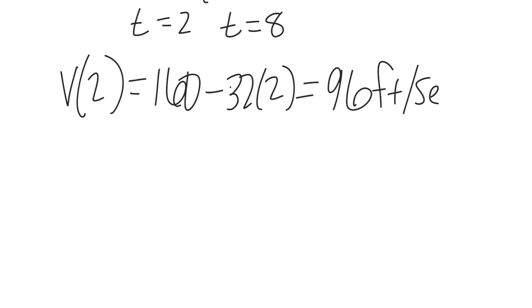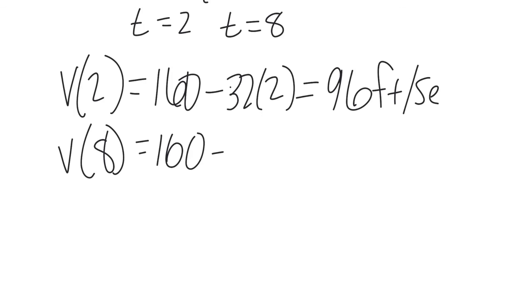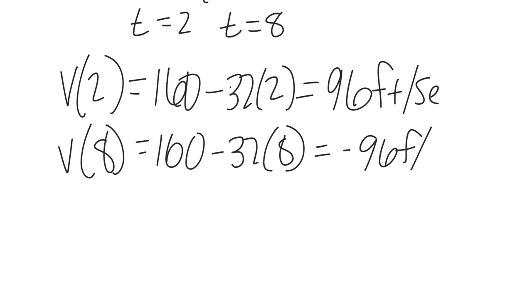And the velocity at time 8 is 160 minus 32 times 8, which gives us negative 96 feet per second. And that makes sense. This is on the way up when time is 2, and this is on the way down when time is 8. So going down, negative 96, going up, positive 96.